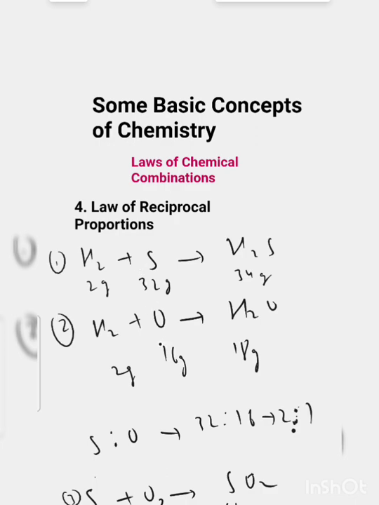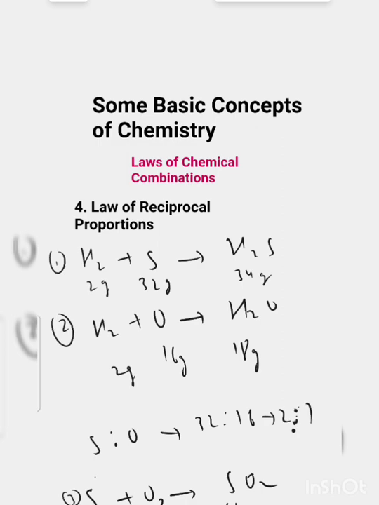When sulfur and oxygen combine with each other in the third reaction, the ratio in which they do so is a simple whole number ratio. So in this case, sulfur is to oxygen will be 32 ratio 32, that is 1 is to 1. So 2 is to 1 and 1 is to 1 are simple multiples of each other. So this is the law of reciprocal proportions.